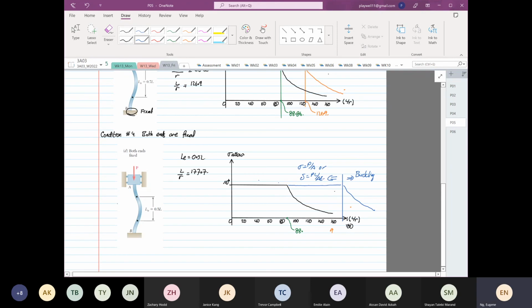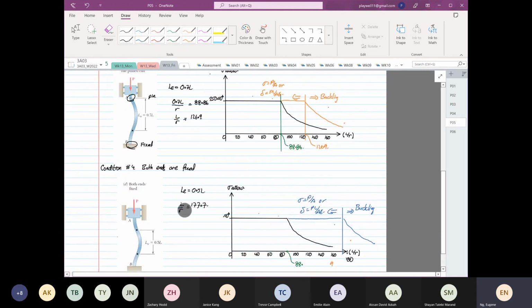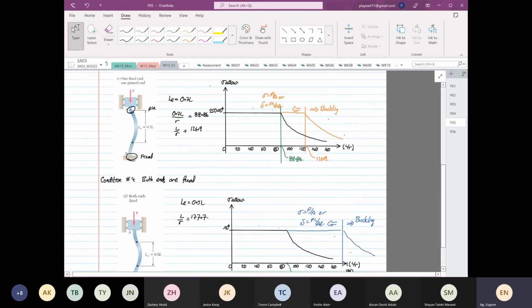Now the thing is this. How did they determine the equivalent length? Anyone? How do they know that when it's done like this, LE is equal to 0.5 L? When one end is fixed and the other end is pin, LE is equal to 0.7 L?